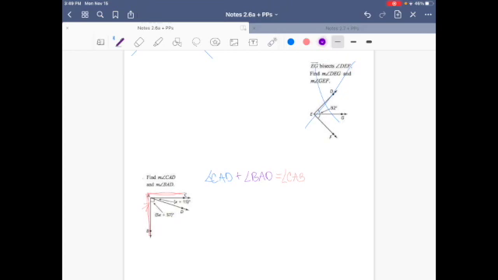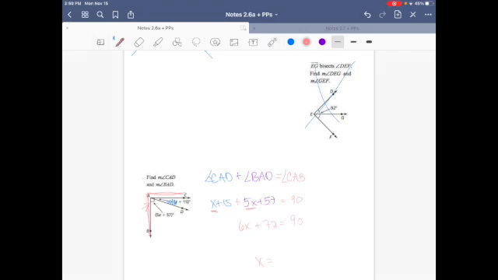We know CAD, this blue one here, is X plus 15. We know BAD is this one here, which is 5X plus 57. And when we add those together, we're going to get 90 degrees. Now we want X alone on one side of the equal sign, so we combine like terms. 1X plus 5X is 6X, and 15 plus 57 is 72.